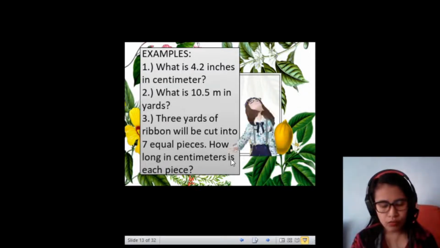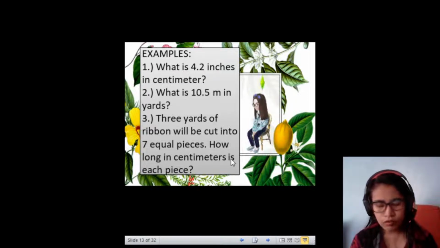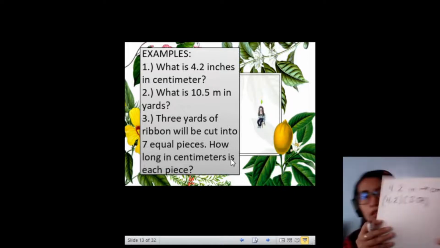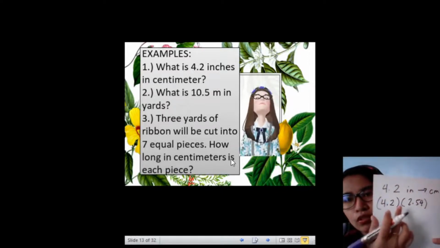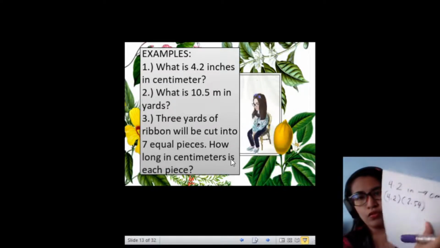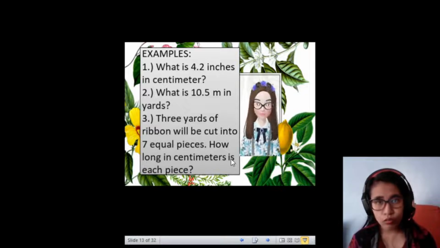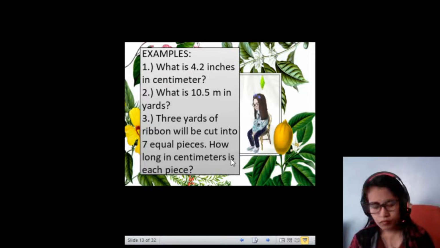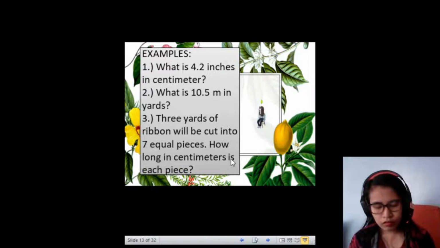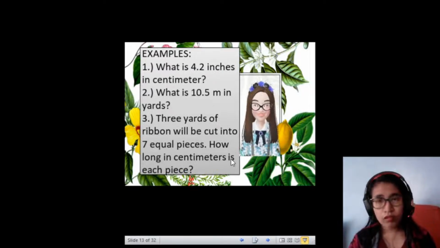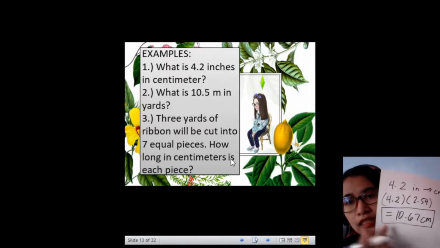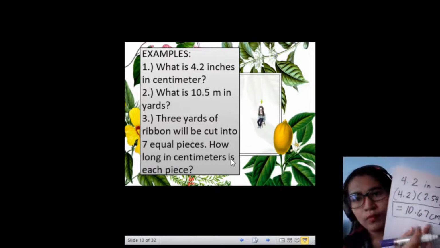So we will have 4.2 times 2.54. We will multiply 4.2 times 2.54. So that will be equal to 10.67 centimeter.